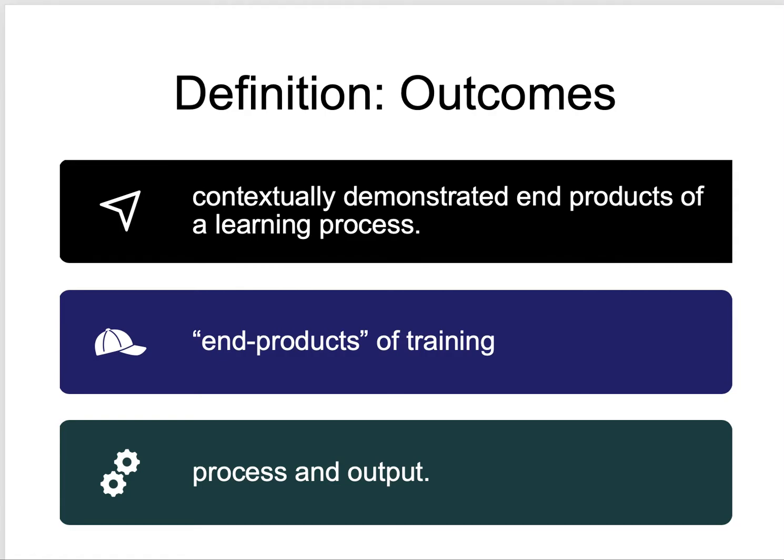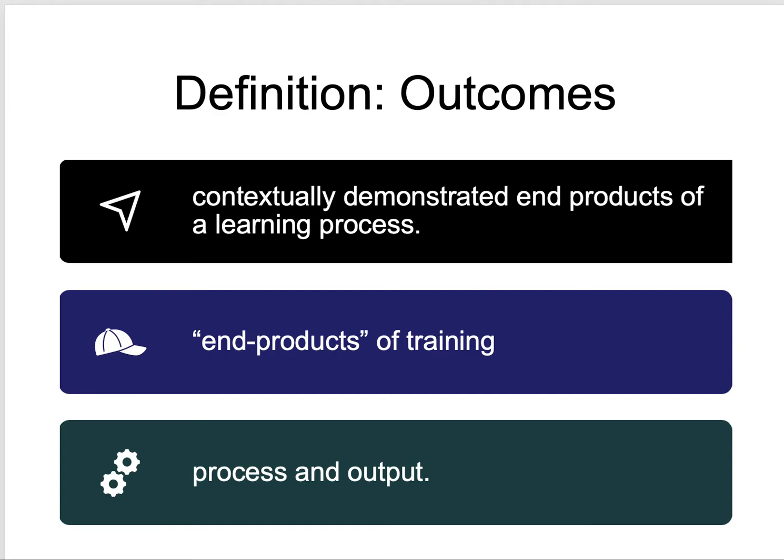Lastly, it is a process. So as much as we say the learner must be able to type, which is the end product, we also want to look at the process that they took. If we're using the typing example, you want to make sure that they know how to switch on their computer, they know how to save a document, they know how to eject the USB. Because all of those components make up the output.